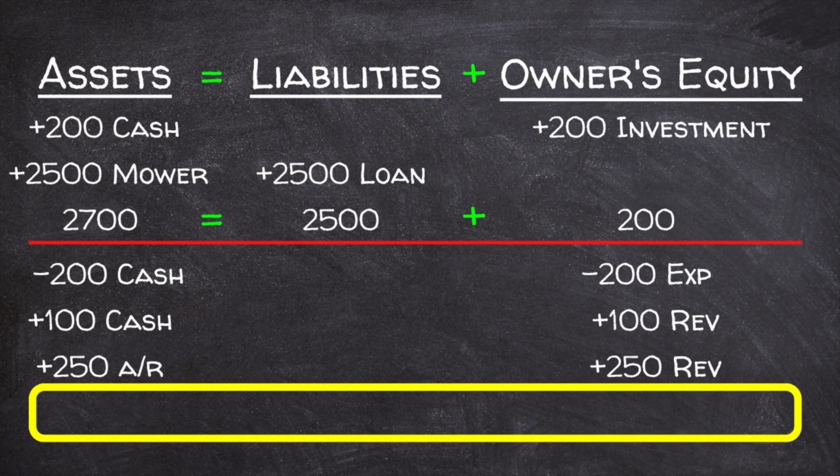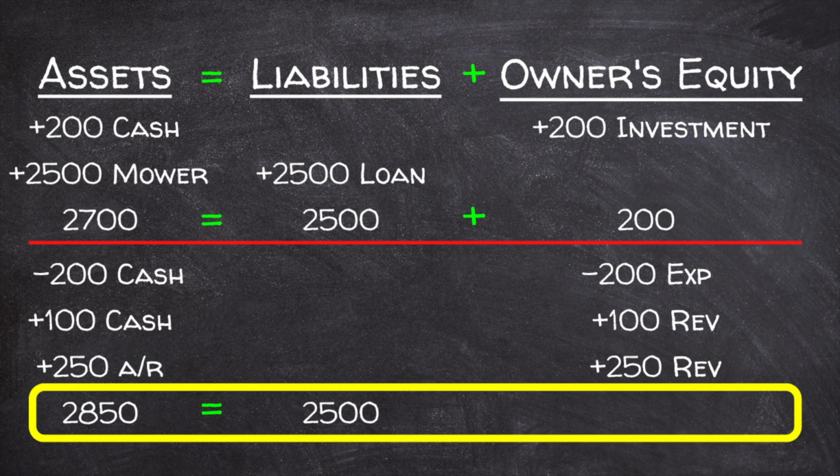Now we'll add up the additional transactions to tie out our accounting equation. For assets, we have $2,700, which consists of the initial cash and the lawnmower. Then we have a reduction for the purchase of the weed eater and $350 in sales for total assets of $2,850. There were no adjustments to liabilities, so those will remain at $2,500.